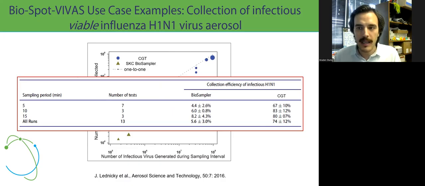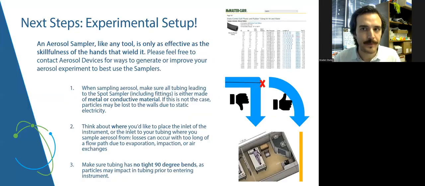So this just goes to show, and there are plenty of papers on the Biospot Vivis capturing infectious virus and bacteria, that this is really that ambient, viable bioaerosol capture tool. We are very proud of that, and we try to make sure that we maintain that integrity in each instrument that we manufacture.